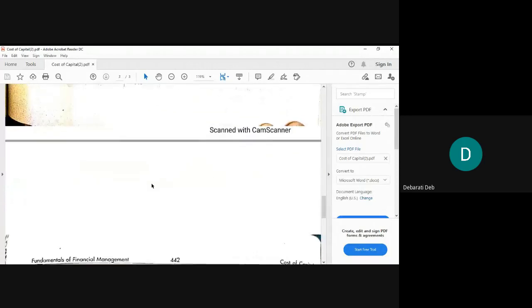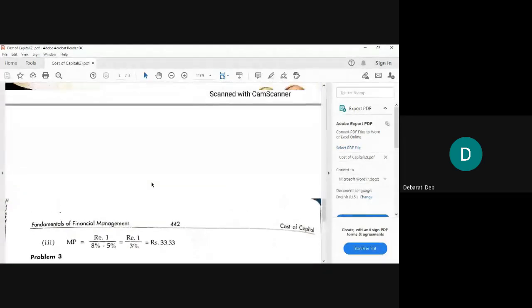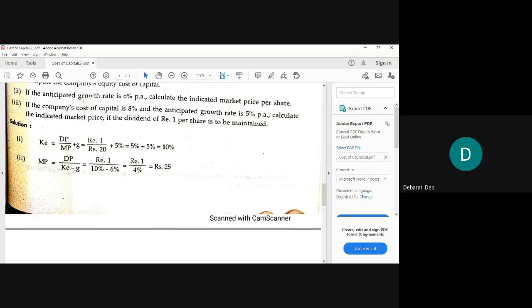Okay. So what is number 3? What was given in number 3? If the company's cost of capital is 8%, now the percentage of cost of capital is also given, 8%, and the anticipated growth rate is 5%. Then calculate the indicated market price if the dividend of ₹1 per share is to be maintained.